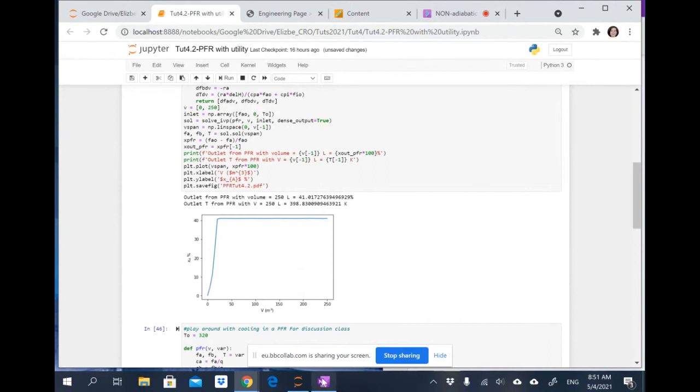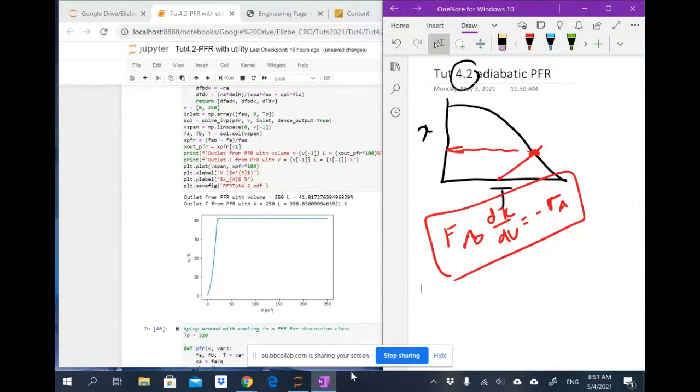So if I now include that there, what I've done is I increased my inlet temperature. This is now what happens: my reactor goes nowhere, but very fast. So instead of almost 250 liters to reach that equilibrium conversion, I can get by with a much smaller reactor, but I can only achieve about 40% conversion because it's equilibrium limited.